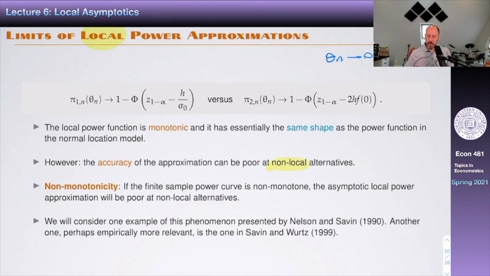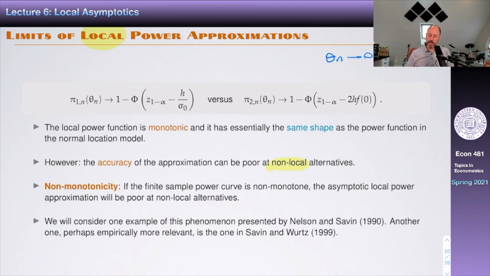And so the problem here is that there was a series of papers, one by Nelson and Sabin, and the other one by Sabin and Wurst. I don't know how you pronounce this, probably not like that, but apologies. Sabin was a colleague of Joel Horowitz at some point in time.